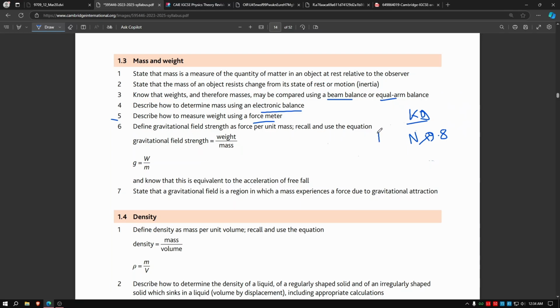So 1 kg is your unit mass and force will be 9.8 newtons. If you want to find out the field strength, take your weight, which will be 9.8, divided by 1, which is your mass. So gravitational field strength would be 9.8.